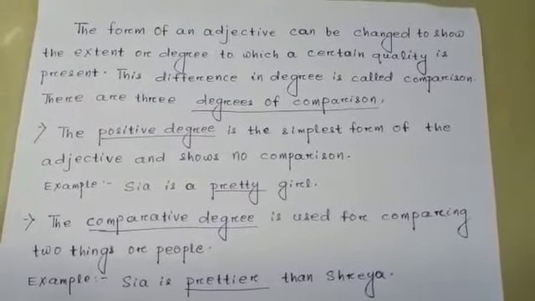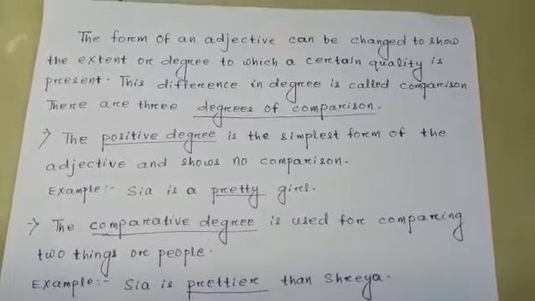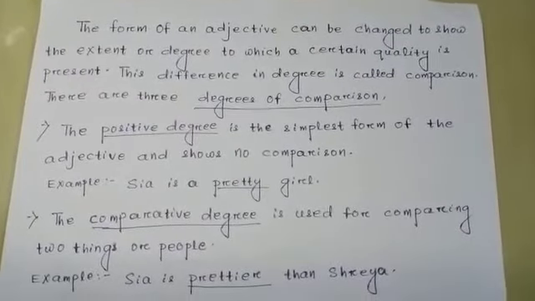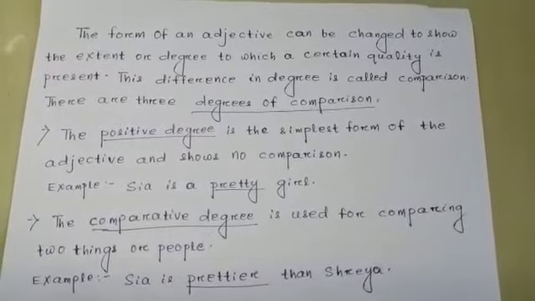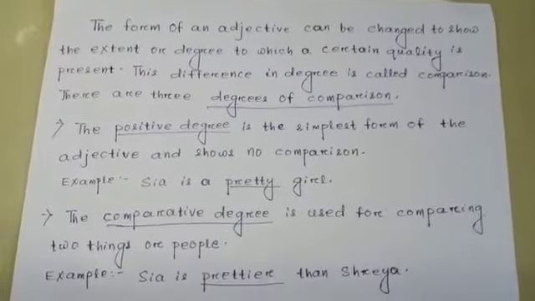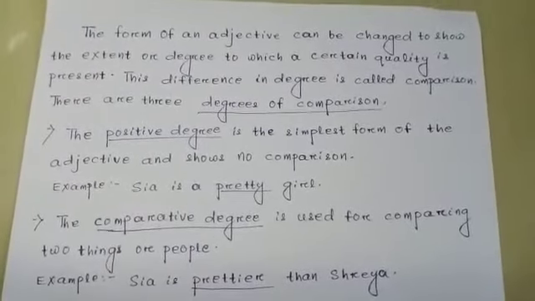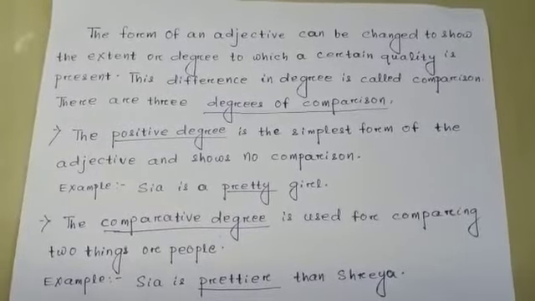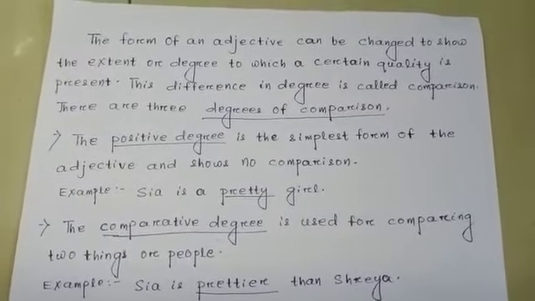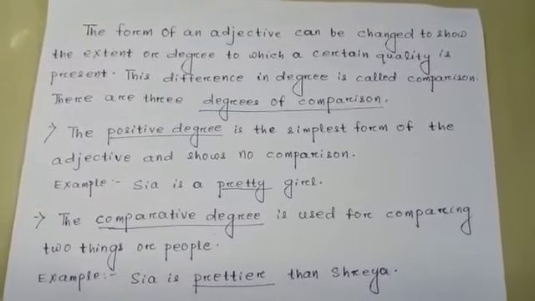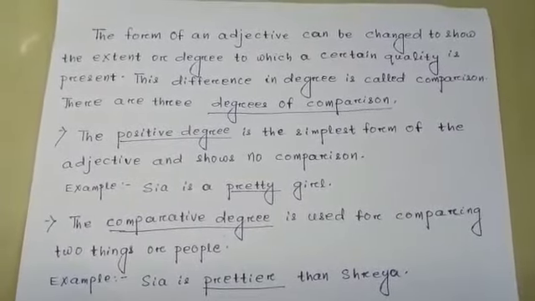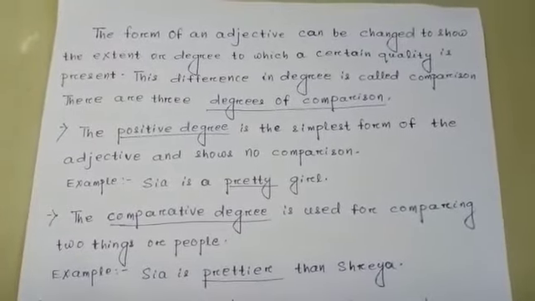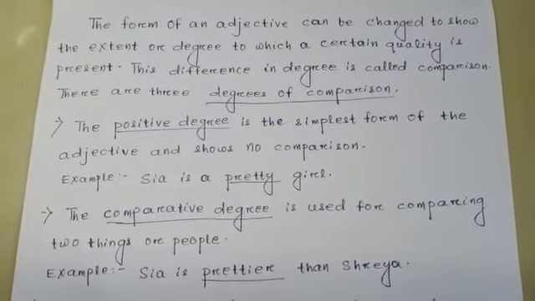That the extent of beauty of her mother is more than hers. Understood? This difference in degree is called comparison, and there are normally 3 degrees of comparison of adjectives. So what are the 3 degrees of comparison?